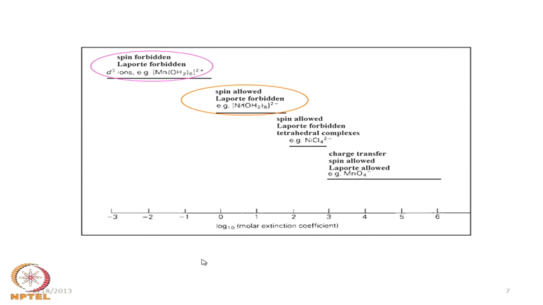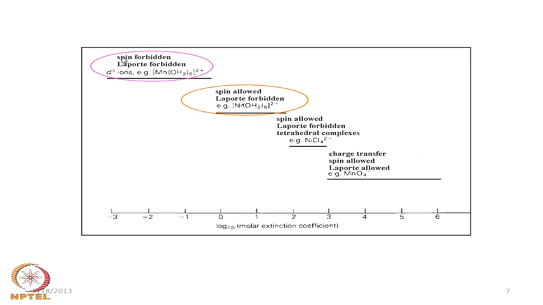So, now we see what type of transitions and what transition probability can be inferred from the different types of transitions we can have. We have taken 4 exact examples, and these examples will tell us that there are 2 rules.